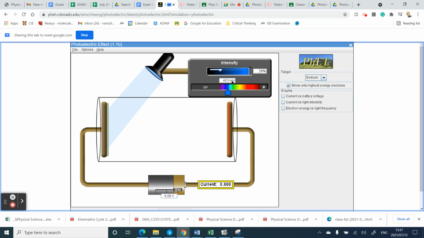If I take that wavelength and put it into E equals hc over lambda, that will give me the exact work function of this metal, which at the moment is sodium. Okay, are you guys with me?